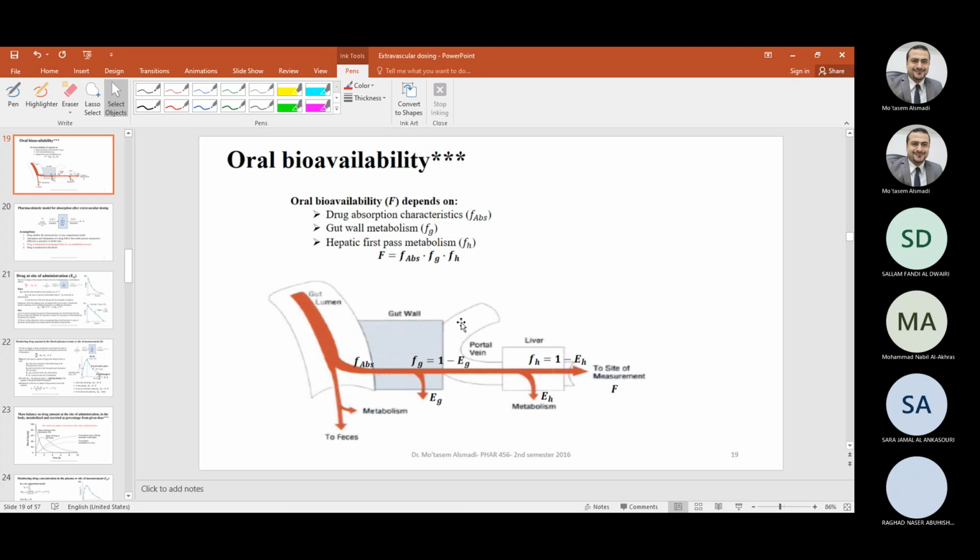Every other single equation in this chapter is applicable for any kind of extravascular route of administration except this equation. Okay? Because it describes the process of oral absorption. This is the Fg, which belongs to the extraction by the GI wall, and this is the Fh, which describes the extraction by the liver, and this is the F absorbed, the fraction absorbed from the where? From the GI lumen. So it describes the oral absorption.